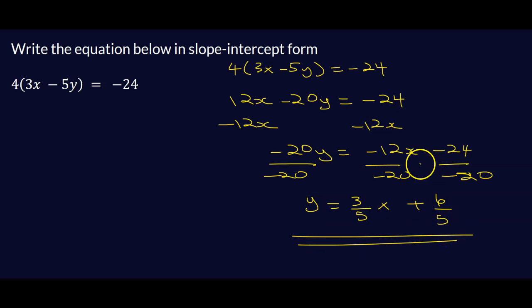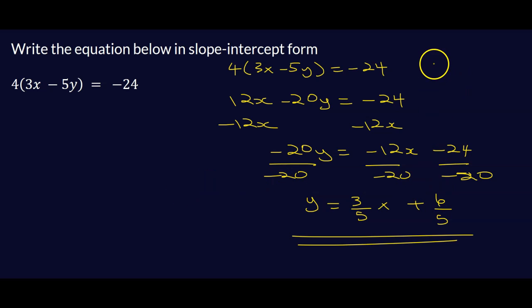Now, how do we get that? You simplify negative 12 divided by negative 20. You're going to divide both of them by negative 4. So you're going to get 3 over 5. And you do about the same here. You divide both by negative 4, which is going to be your common factor here. And you just get 6 over 5. Or you could go one step between this.